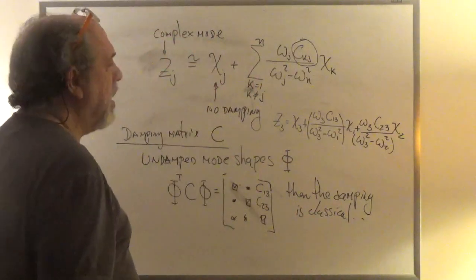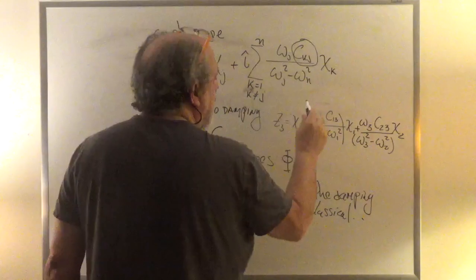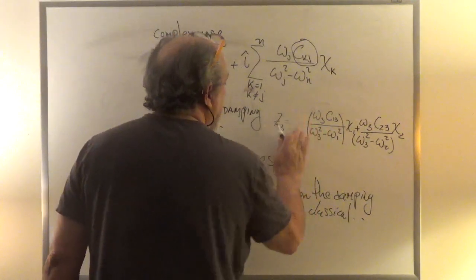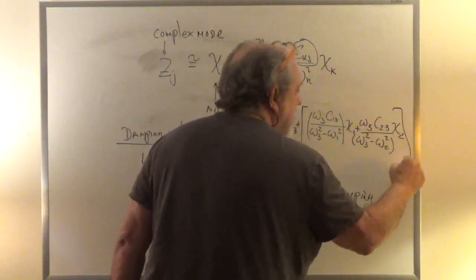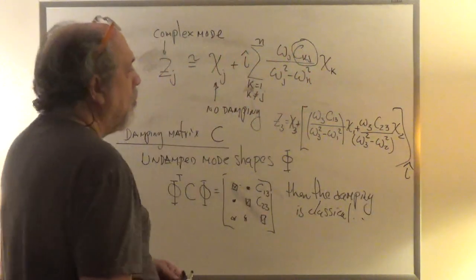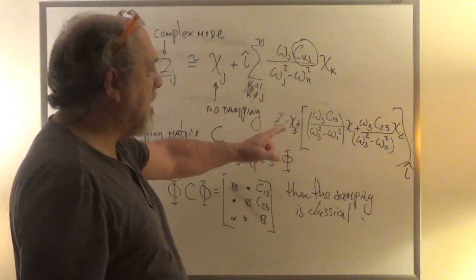And that would be it, right? Oh, and of course this is times i, that times imaginary. So the thing in the brackets here is the imaginary part of the third mode, more or less.